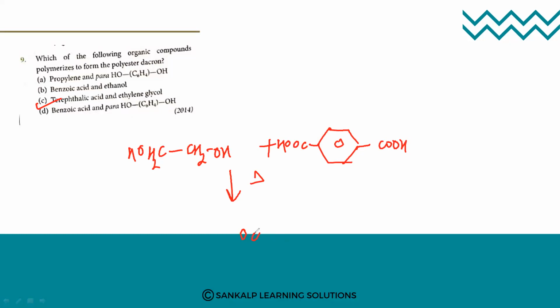It is O, CH2, CH2, O, then C double bond O, C double bond O. So this is the structure. So it produces the polyester Dacron. Okay, so we'll go for the next one.